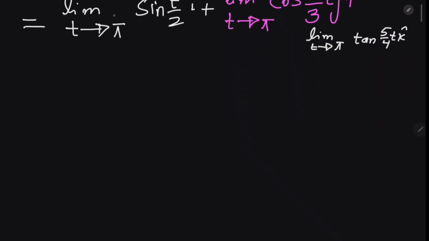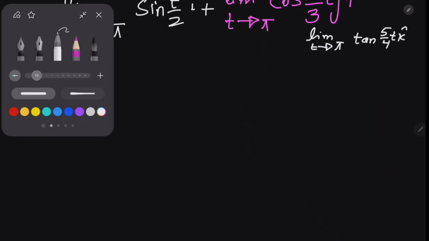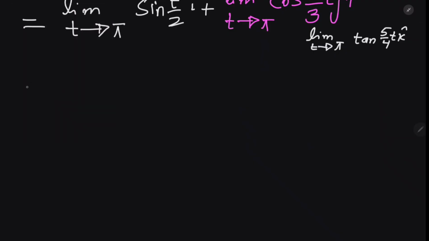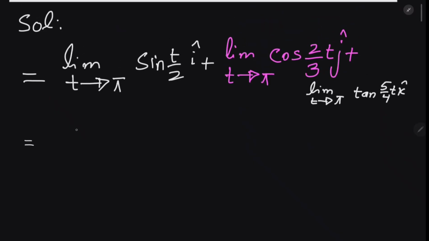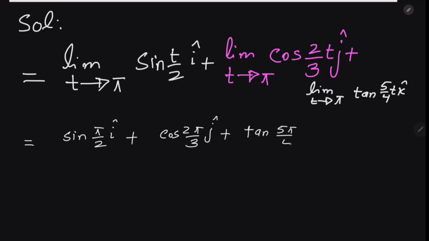So first of all, we solve the first case. It is sine pi by 2 i plus cos 2 pi by 3 j plus tangent 5 pi by 4 k unit vector, after applying the limit.